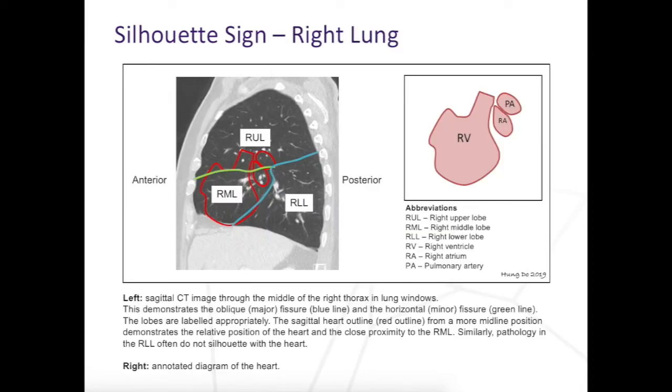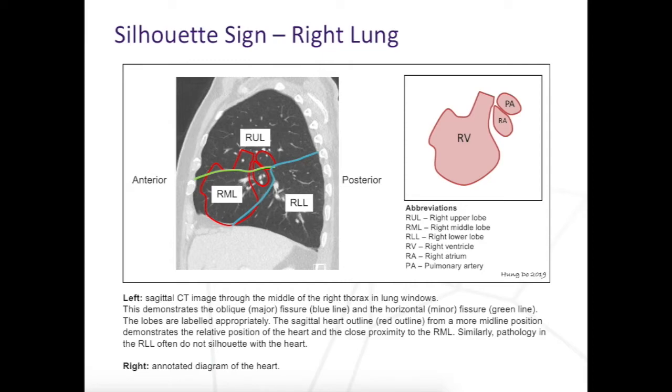So this is my schematic of the right chest x-ray, lateral, I guess. It puts in perspective the position of the upper lobes, the lower lobes, and the right middle lobe on the right side. You can see there that the right upper lobe is a very superior structure, and it really only abuts the superior heart borders.